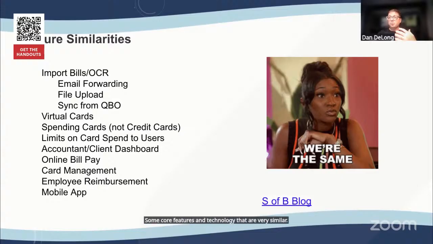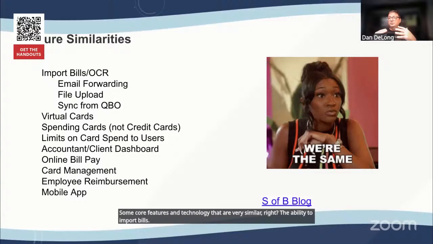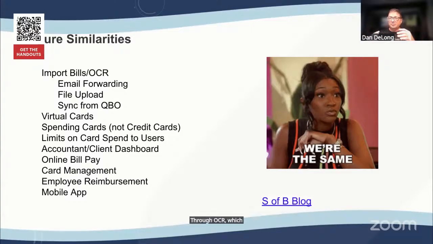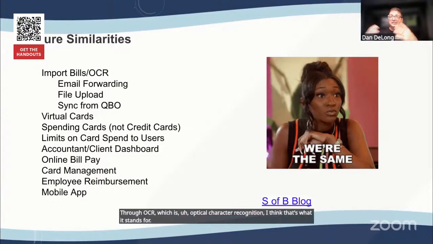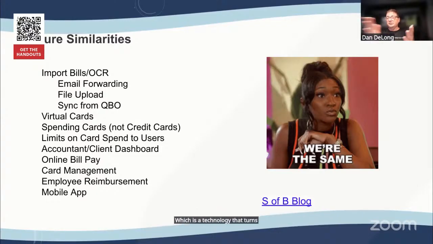The ability to import bills through OCR, which is optical character recognition. I think that's what it stands for, which is a technology that turns images or text on images into data.